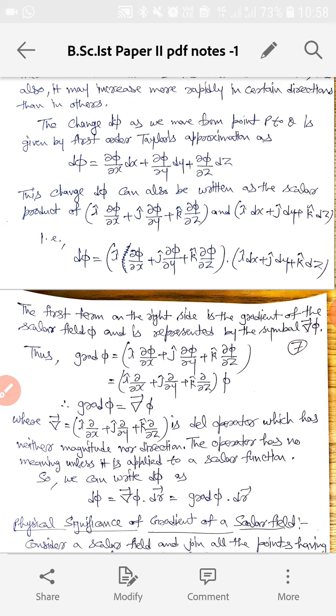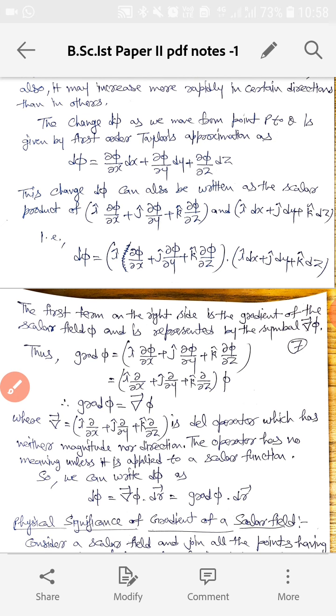Now this term, which is i cap ∂/∂x plus j cap ∂/∂y plus k cap ∂/∂z, is a mathematical operator given by the del symbol, a reverse triangle with an arrow, because it is a vector operator.